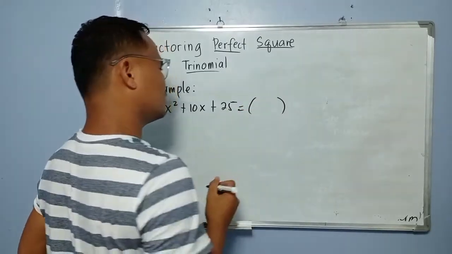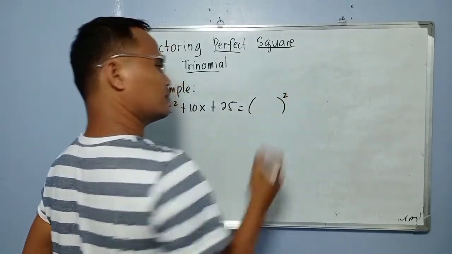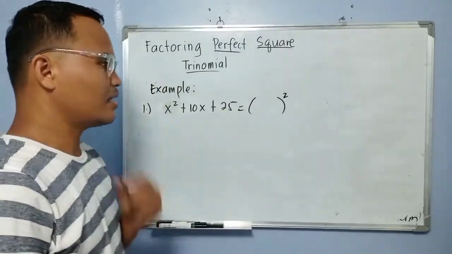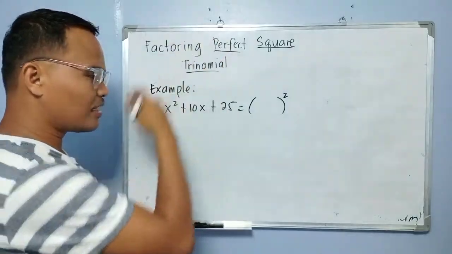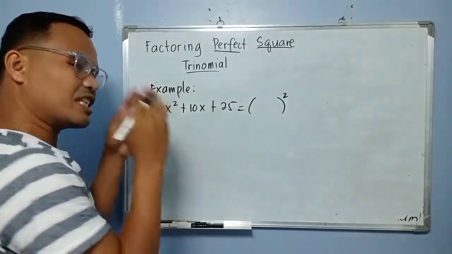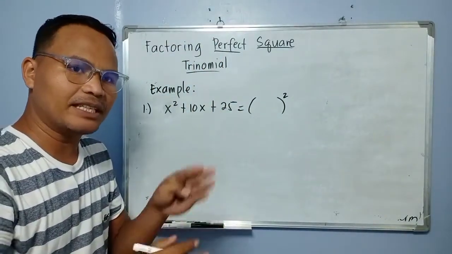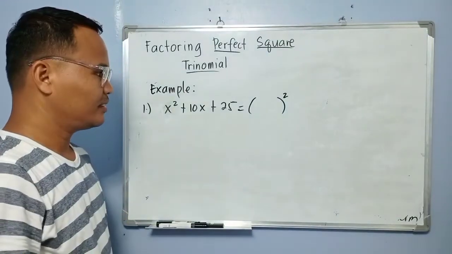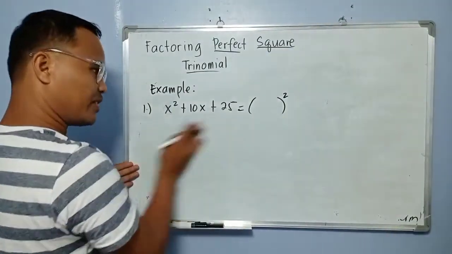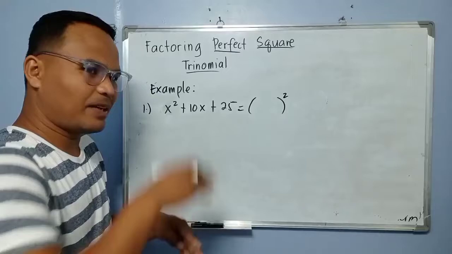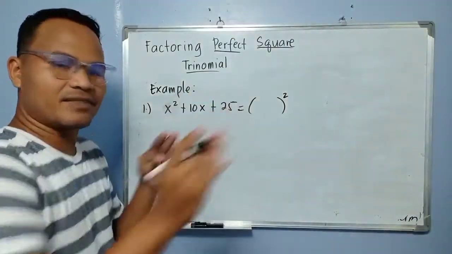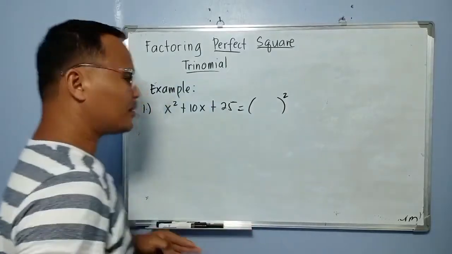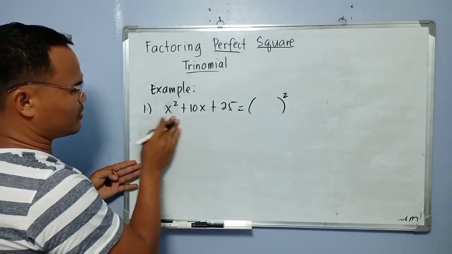Just create a binomial here. In our previous discussion, we expressed the square of a binomial into a perfect square trinomial. Now, if this is a perfect square trinomial, we can express it also as the square of a binomial. So that's vice versa. Now how? Just get the square root of the first term.